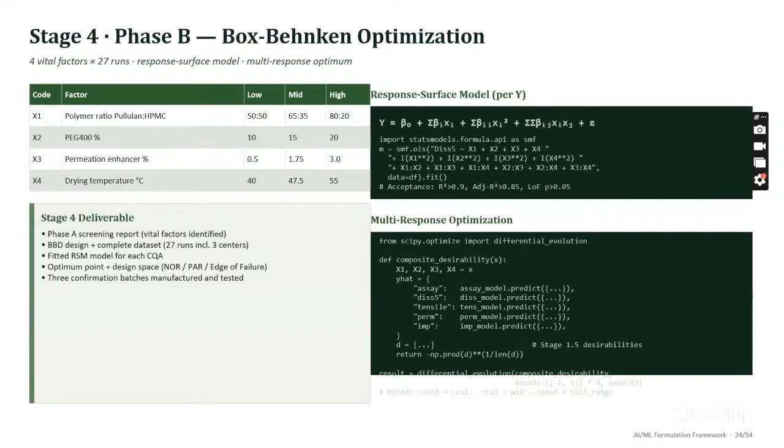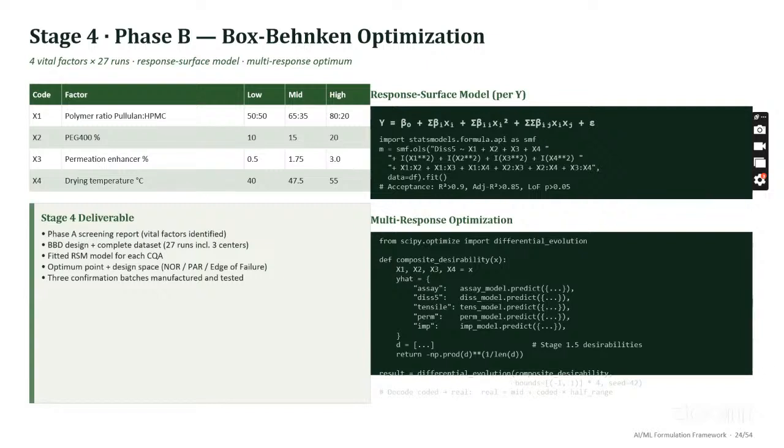Next, Box-Behnken optimization. The 4 vital factors in 20 to 27 runs. Build a response surface for each attribute. Then we optimize composite desirability across all of them to find the optimum point under the design space.